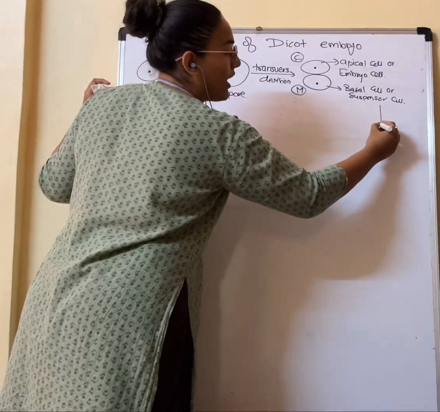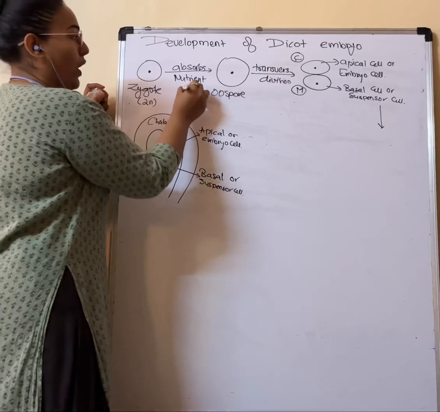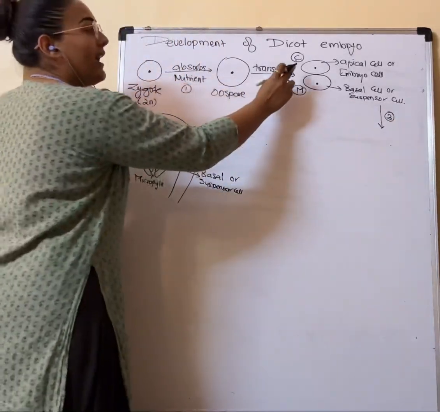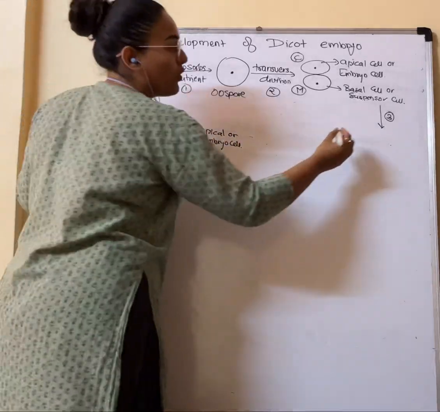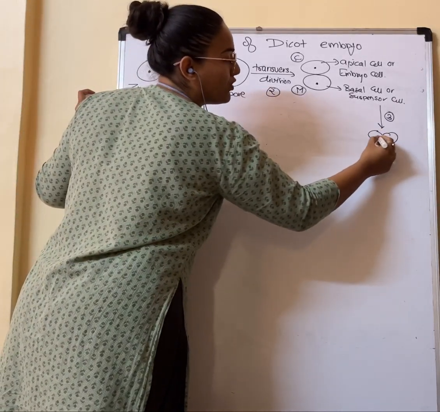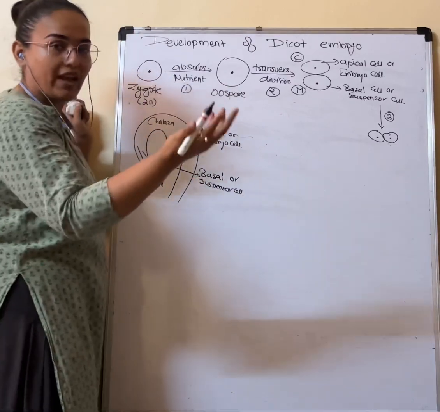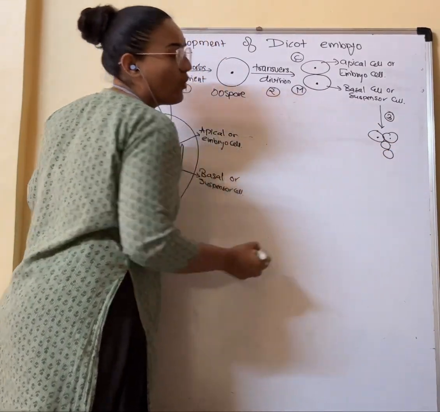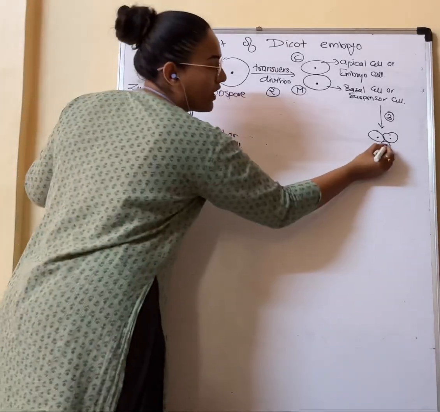So what is going to happen in the next step? This was step 1, 2, and here comes step 3. Embryo cells are going to divide, so from 1 you get 2 cells. Then the basal cell, as it divides transversely, gives 2 more cells over here.